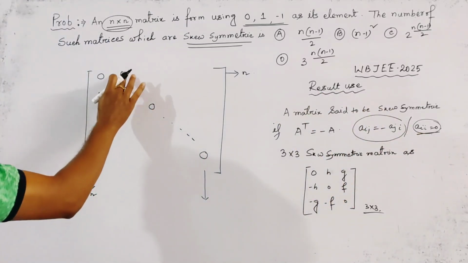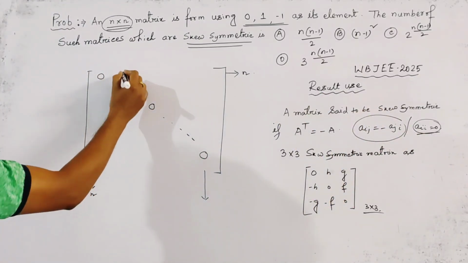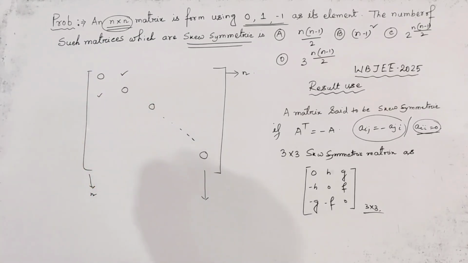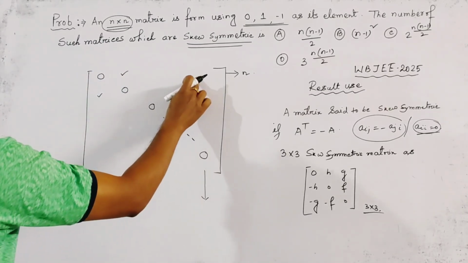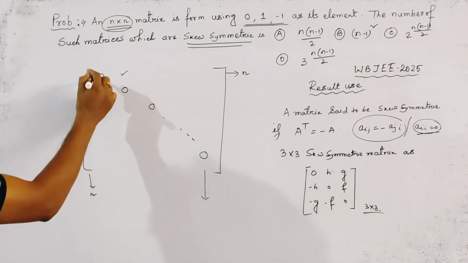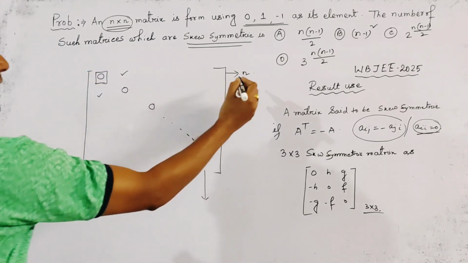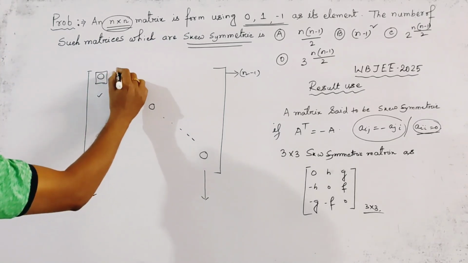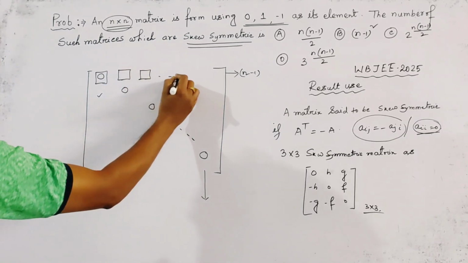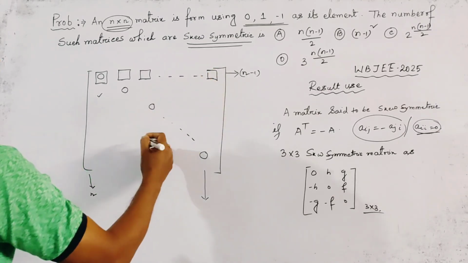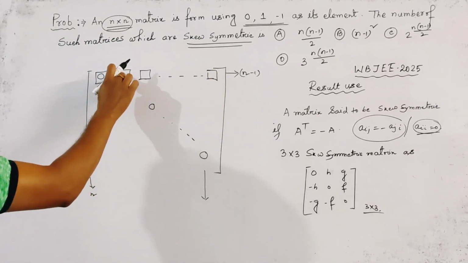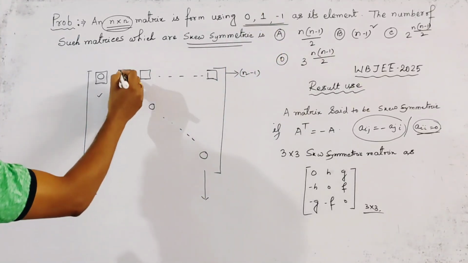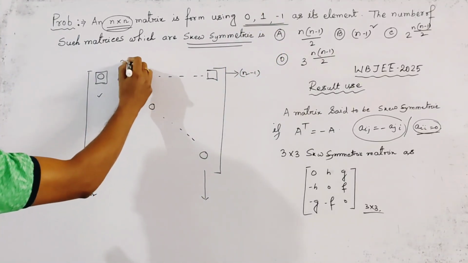So the lower element depends only on the element in the corresponding upper position. In the first row, if we exclude the diagonal element, there are n-1 elements, and each place is filled by 3 options: 0, 1, -1. So it is filled in 3 ways.